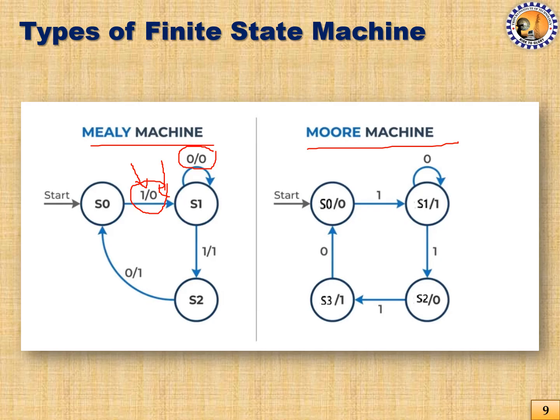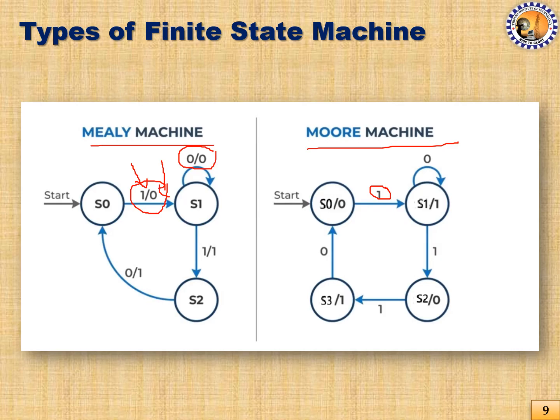This means that when the state machine is in state 0 and it receives 1 as input, it will make a transition from S0 to S1, and during that time its output will become 1 once it reaches S1, and this has happened because the input condition is set to 1.